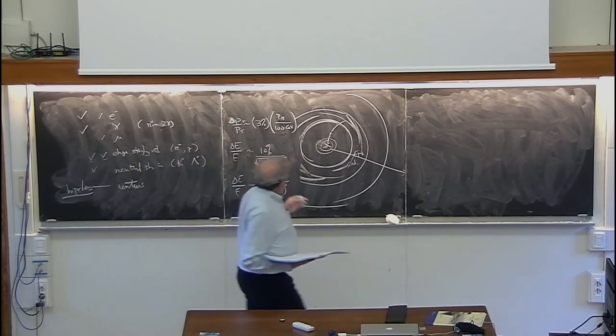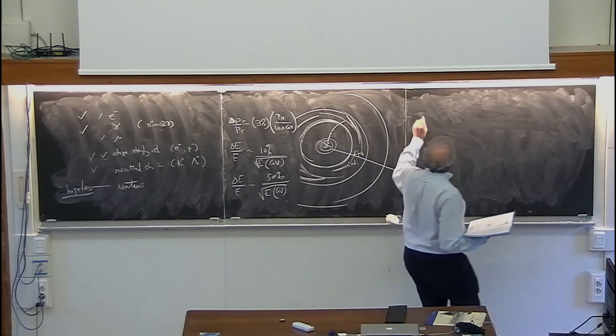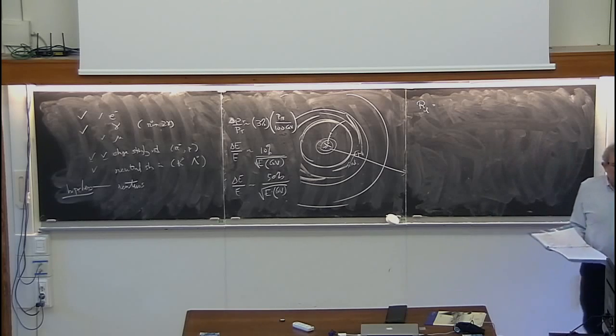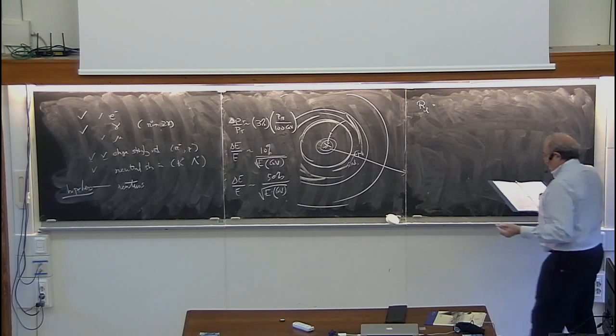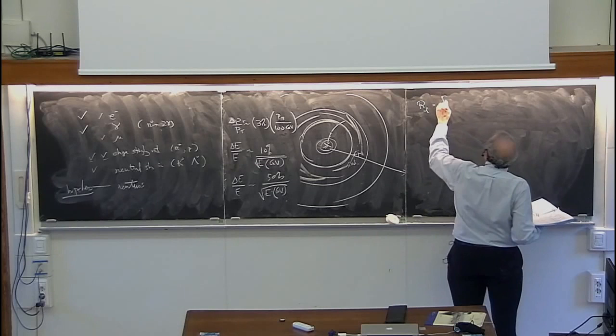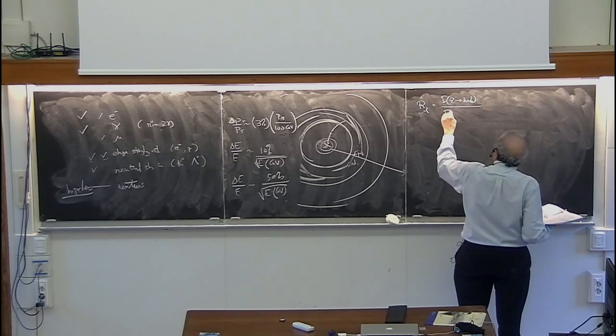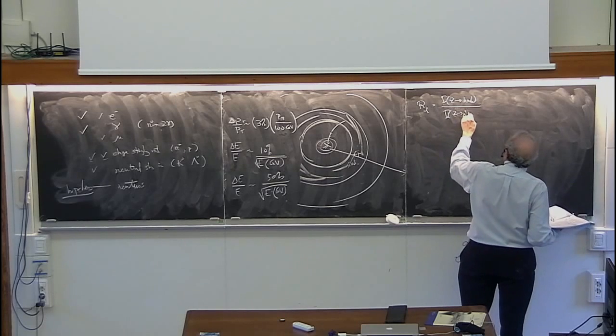So let me write a couple of these quantities. So first of all, from the Z branching ratios, we can define RL, which is the ratio of Z to hadrons divided by Z to some lepton, like mu plus mu minus.